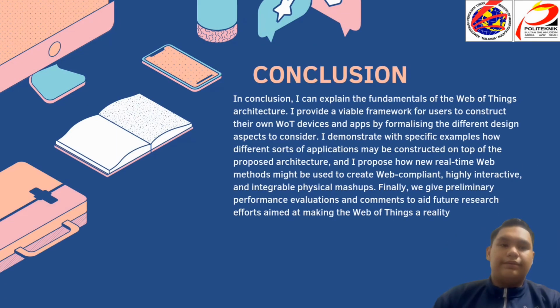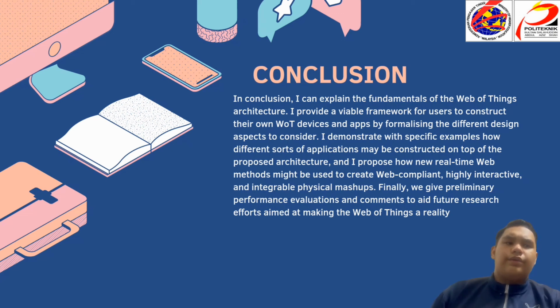In conclusion, I can explain the fundamentals of the Web of Things architecture. We provide a viable framework for users to construct their own WoT devices and apps by formalizing the different design aspects to consider.